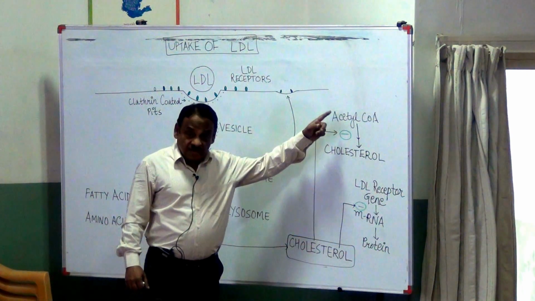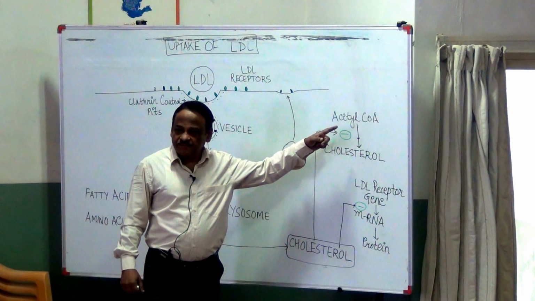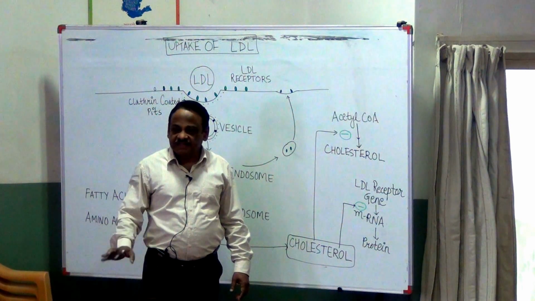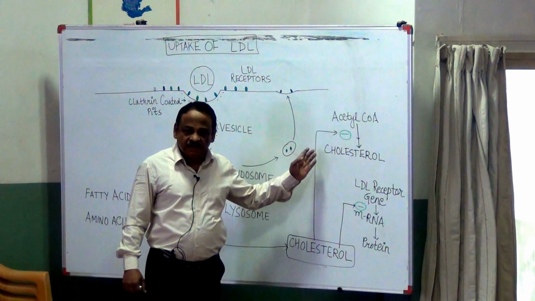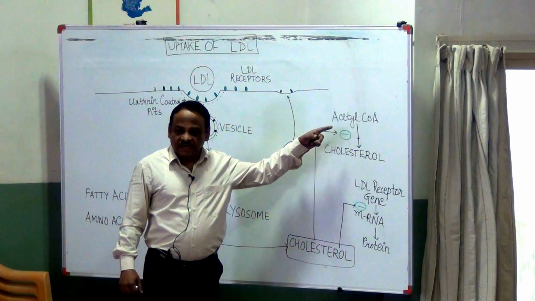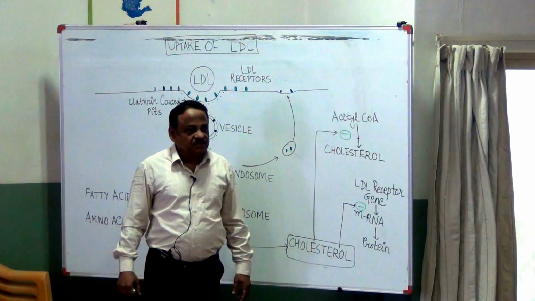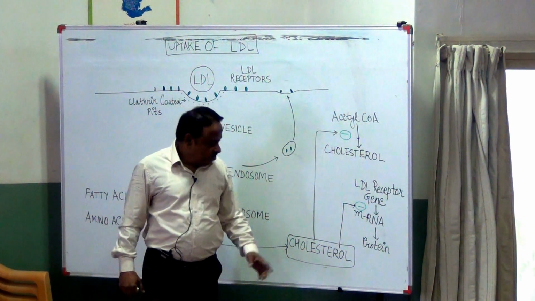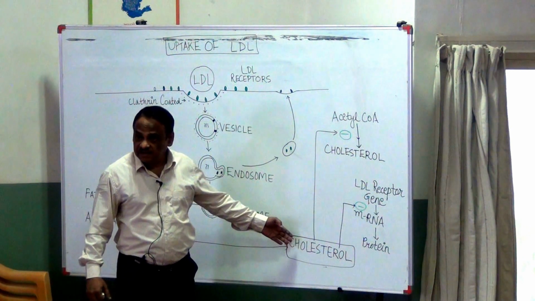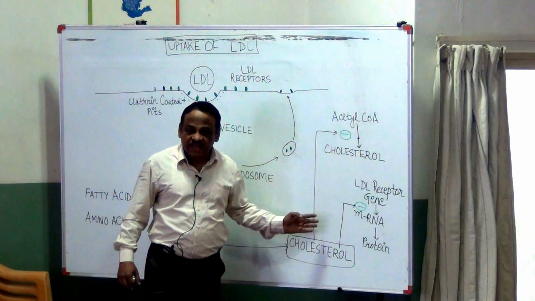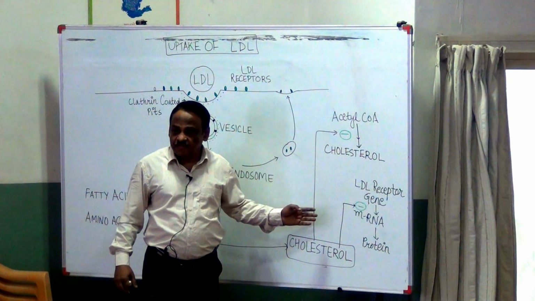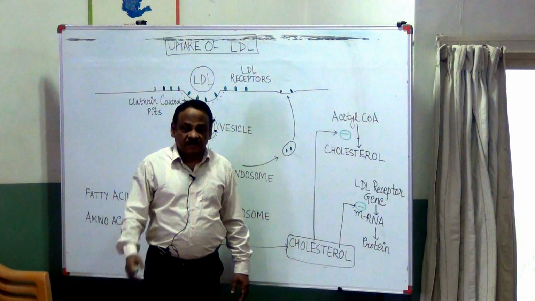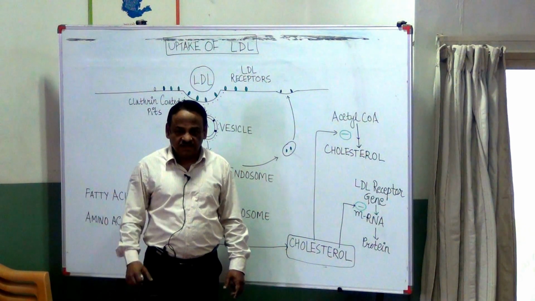The rate limiting enzyme of cholesterol biosynthesis is HMG-CoA reductase. The statin group of drugs also act on HMG-CoA reductase so that it will be inhibited and very little cholesterol will be synthesized. Because there is no need of cholesterol now, it is already present. An extra amount of cholesterol synthesis will only worsen the situation, because the cholesterol may be deposited and xanthoma can be caused in various tissues.